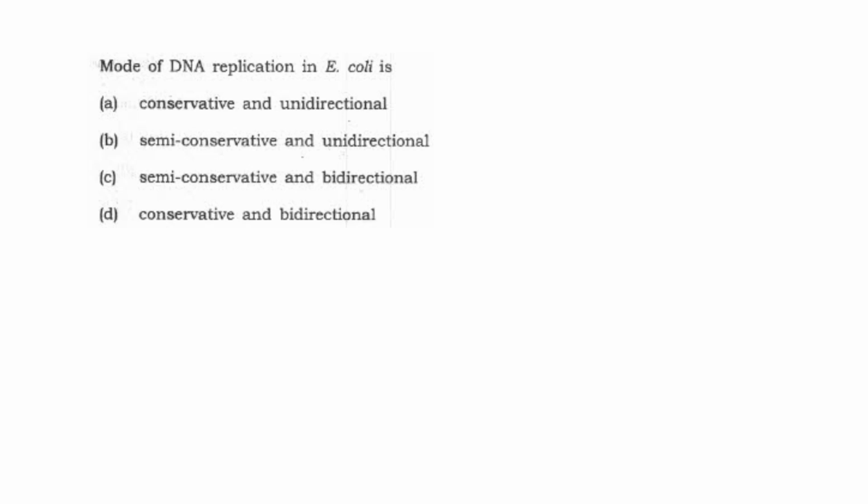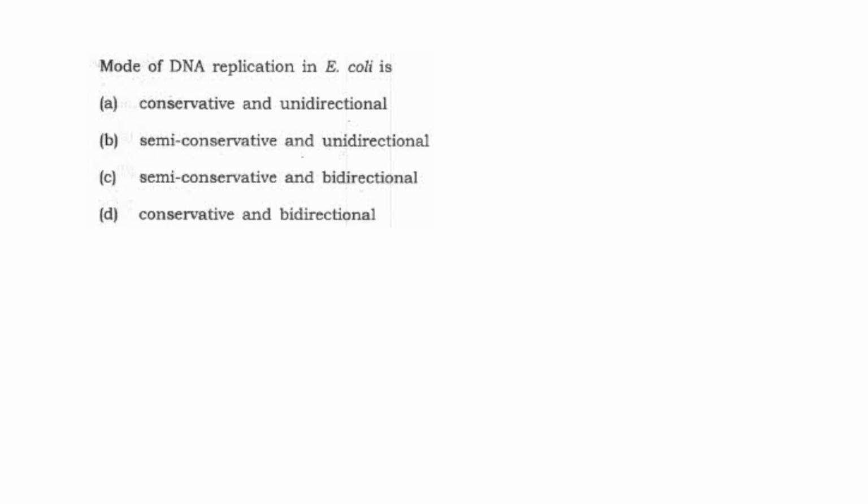But in the case of eukaryotes, DNA replication is unidirectional. Once the DNA starts replicating from the origin site, it continues in only one direction. In contrast, in prokaryotes this process is bidirectional.